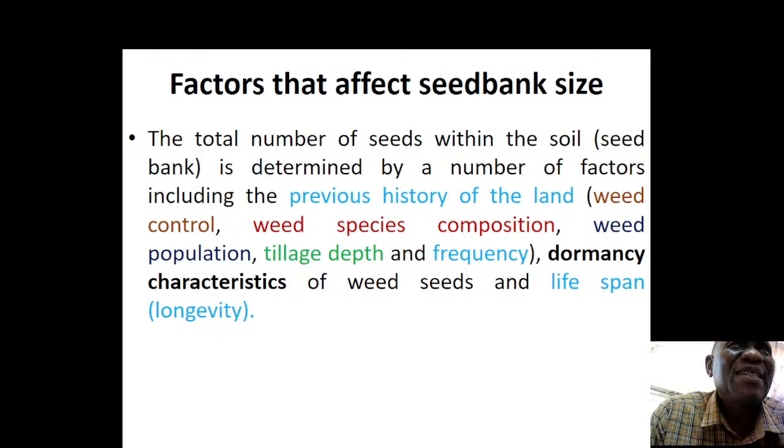So let us look at the factors which can affect seed bank size.